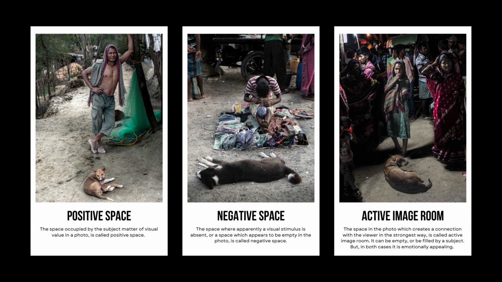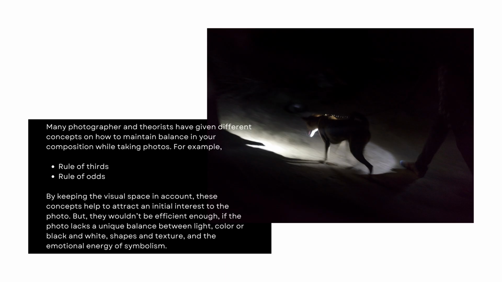So let's explore each idea. Many photographers have given different ways to manage space in photos. Some talk about the rule of thirds, some talk about the rule of odds, some go even beyond that, and they bring more complex ideas of visual narration in photos.